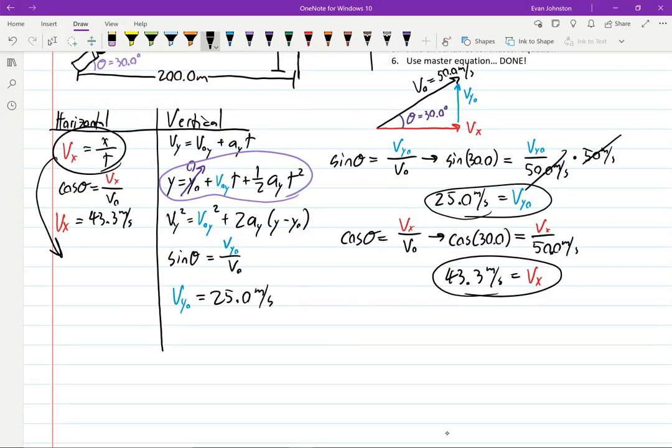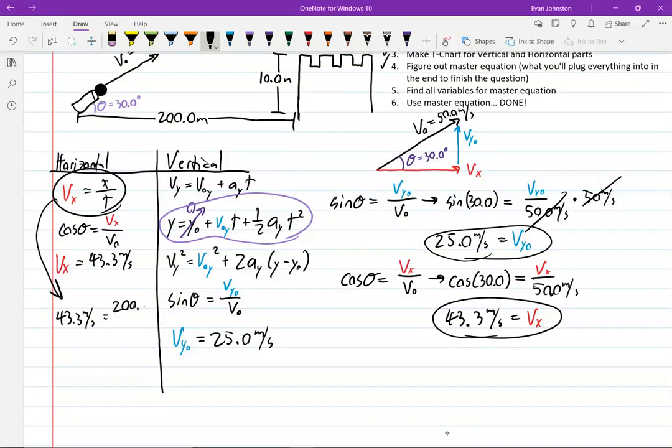So we have 43.3 meters per second is equal to 200.0 meters over the time. So do a little algebra. I'm going to multiply by time on both sides, and then divide by 43.3 on both sides. So really, I'm just switching these two.